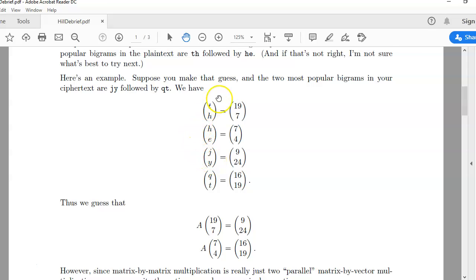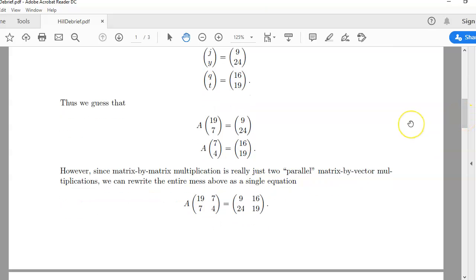So you're guessing that (19, 7) will encrypt to (9, 24). Write it down: key times (19, 7) is (9, 24). In the same way, you guess that HE goes to QT. You are guessing that (7, 4) goes to (16, 19). Write that down: (7, 4) encrypts to (16, 19).